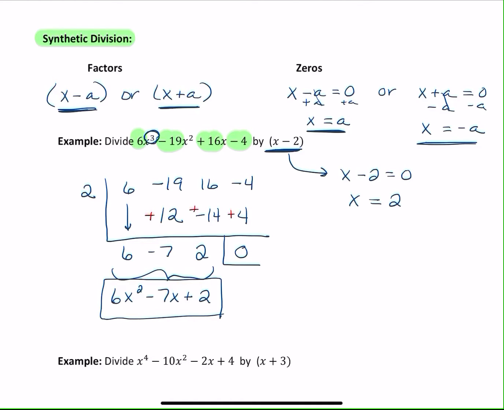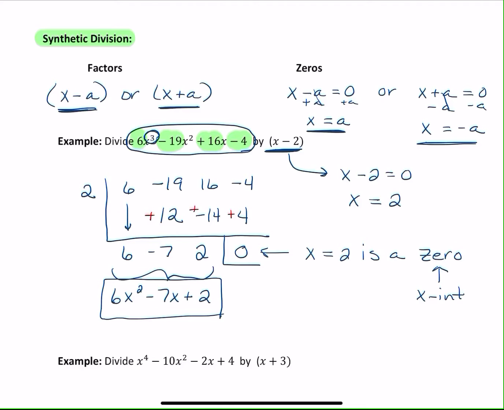So a couple things here. If you have 0 remainder, that means that x equals 2 is a 0 of your original polynomial because you had a remainder of 0. So if it comes out, that's an actual factor, or it evenly divides into it. So if I graph that, I'd have an x-intercept at x equals 2.